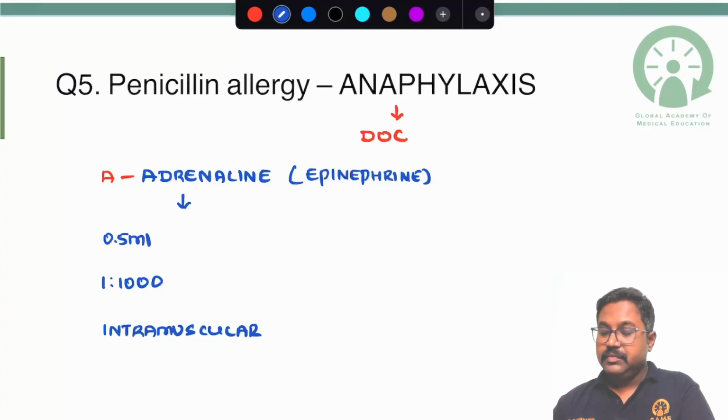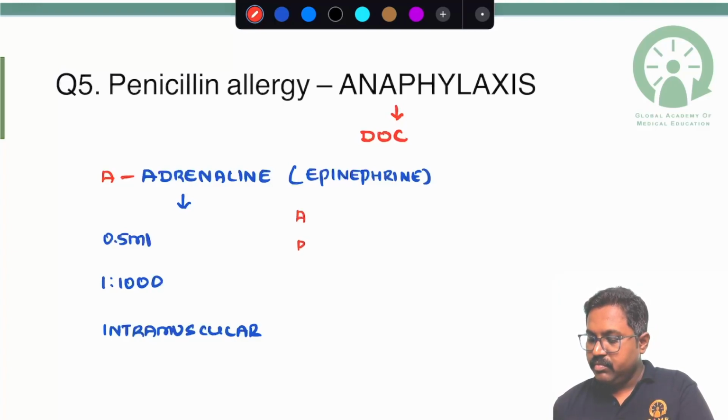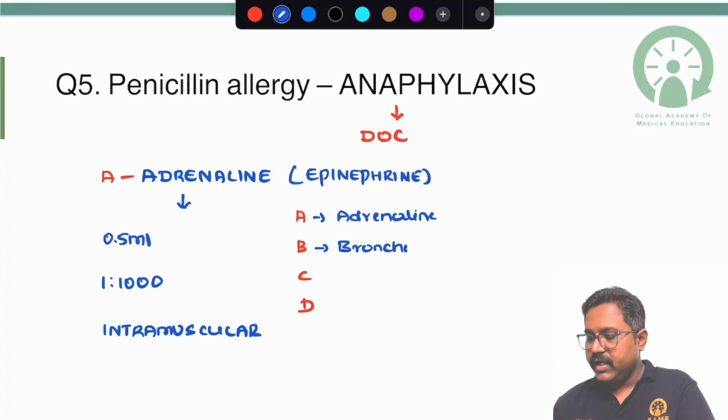You can remember it as A, B, C, D. You would like to give adrenaline. Along with adrenaline, you give bronchodilators like salbutamol.